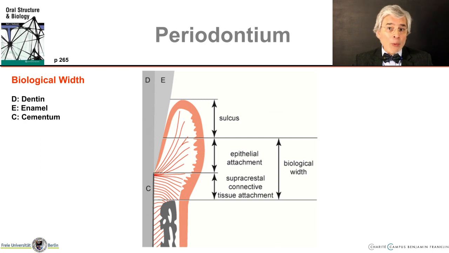The biological width should remain intact, especially during restorative procedures. And if the position of the preparation margin for, let's say, a crown preparation needs to be placed into the area of the biological width, a surgical crown lengthening is required, in which the alveolar crest is reduced in height. Alternatively, an orthodontic crown lengthening can be carried out.